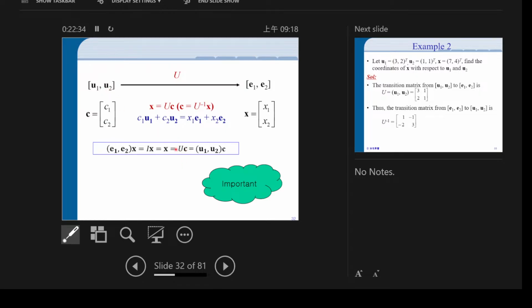So this U matrix is basically putting the ordered basis vectors together into a matrix, and multiplying by the coordinates with respect to u, you get Uc on one side of the equation. And the other side of the equation is actually just equal to e1, e2 times x1, x2. So we can also write the e1, e2 vectors times the x coordinates.